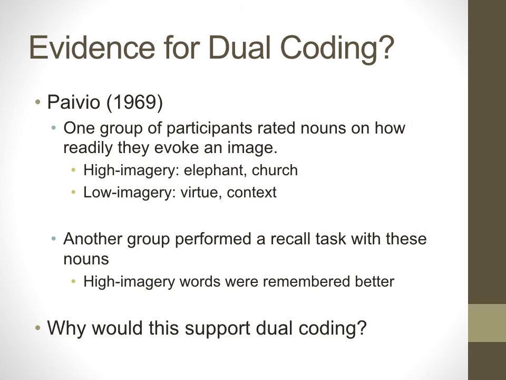With that being said, I want you to think on your own about how this supports dual coding, with the thought that there is a separate memory system for verbal information and a separate system for visual information.